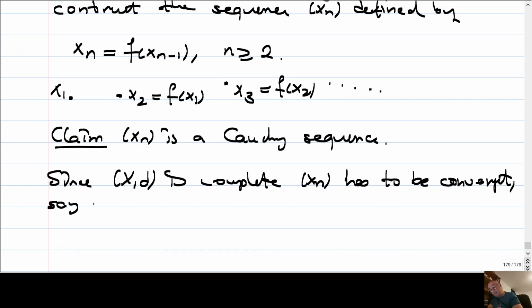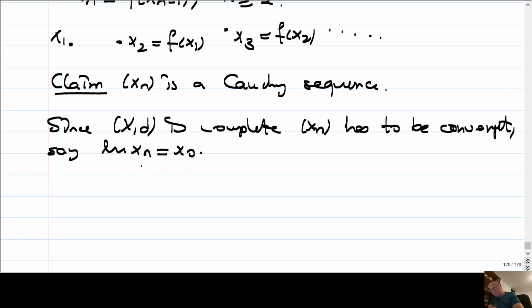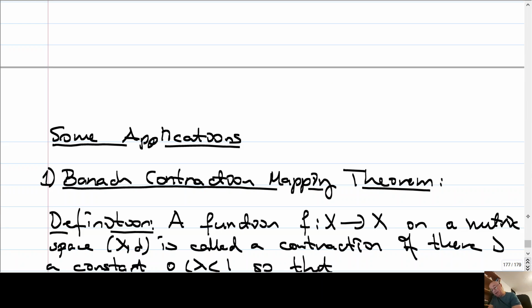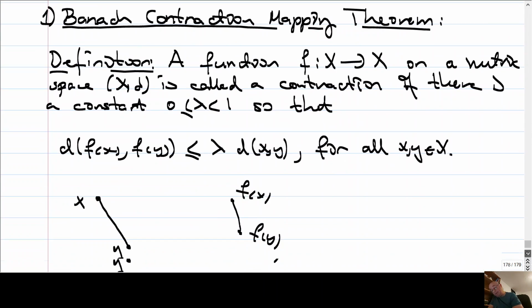Say the limit of x_n is equal to x0. Then I would have this f of x0. Since any contraction mapping is of course continuous, right? I didn't tell you that, but it is clear.